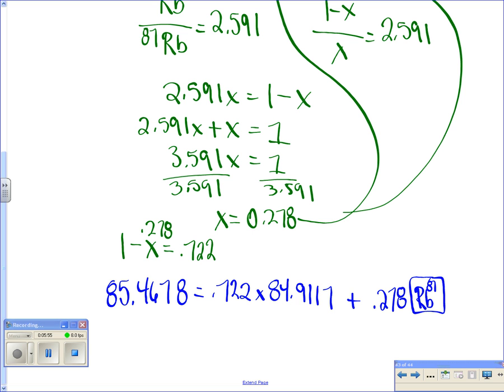We know that 0.722 times 84.9117 is, plugging it into my calculator, 61.306, I believe, plus 0.278 times rubidium-87.